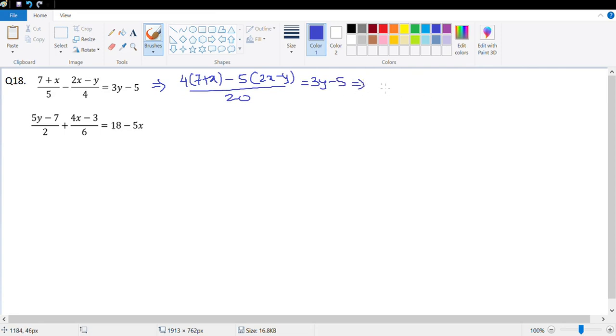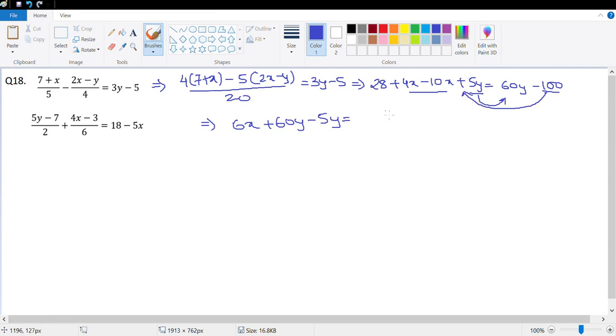Let's open the bracket. So this is 28 plus 4x minus 10x plus 5y. 20 into 3y, that's 60y, minus 100. So let's bring y on this side. We have 4x minus 10x, that's negative 6x. So we have 6x plus 60y minus 5y is equal to, and let's take negative 100 on this side, 28 plus 100.